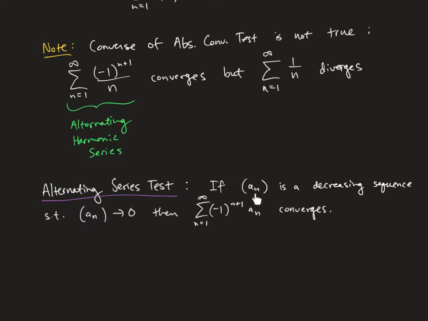Okay, so it can kind of do whatever it wants for a finite number of terms as long as it eventually decreases, because we can take, right, our series from n equals 1 to infinity.